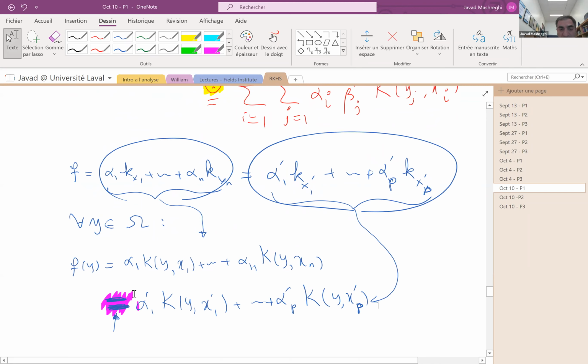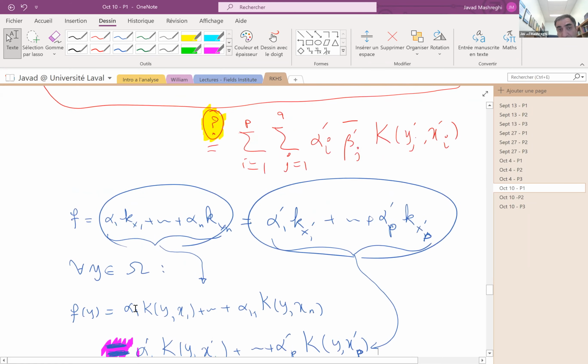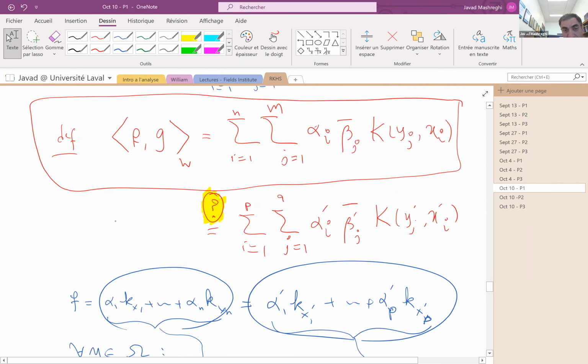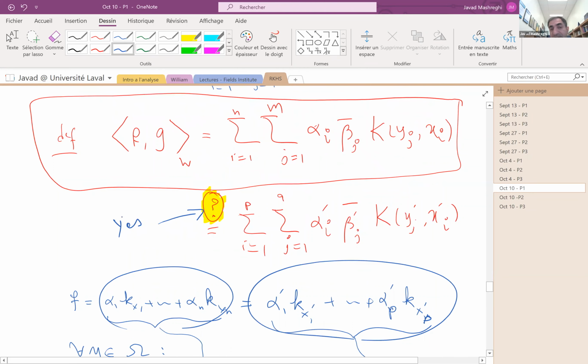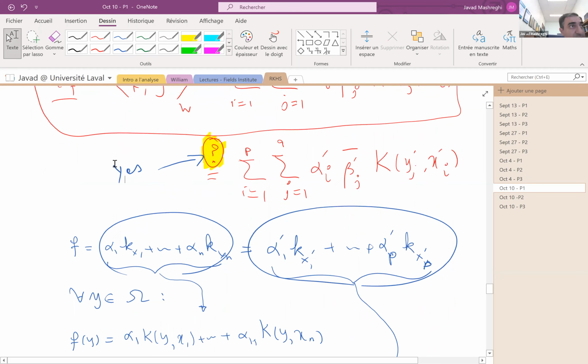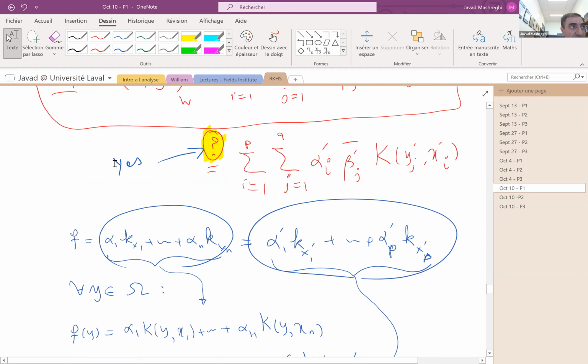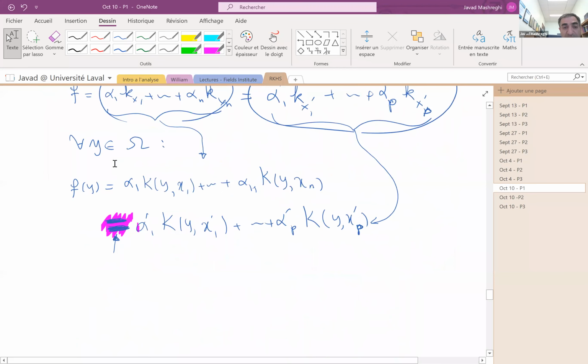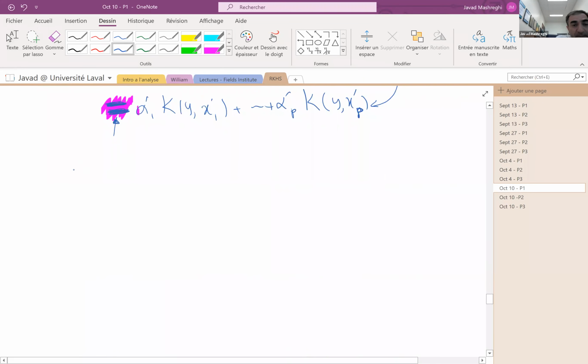And now, using this identity, which I wrote for f, we have the same identity for g. I can show this identity. The answer is yes. And let's see how we do this. It's not that difficult now. Let's start with the first one, the sum, i from 1 up to n, j from 1 up to m.